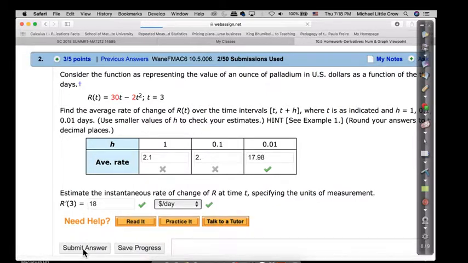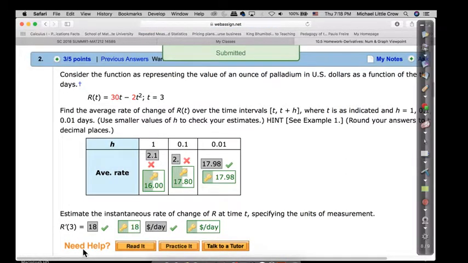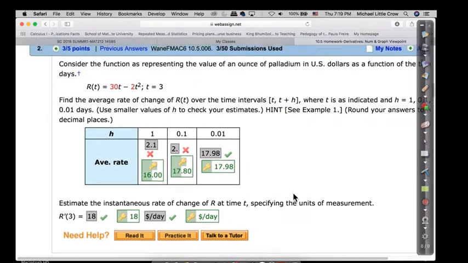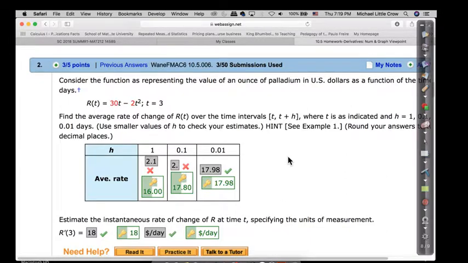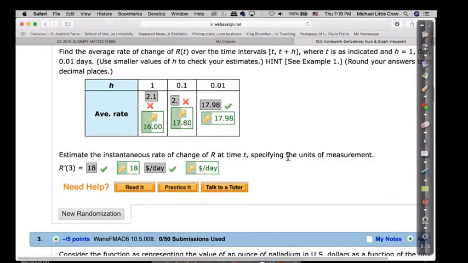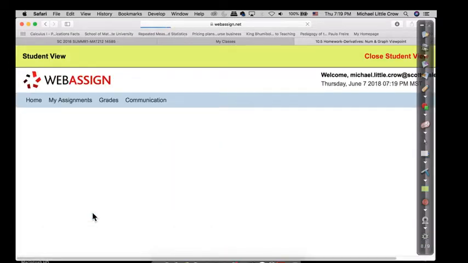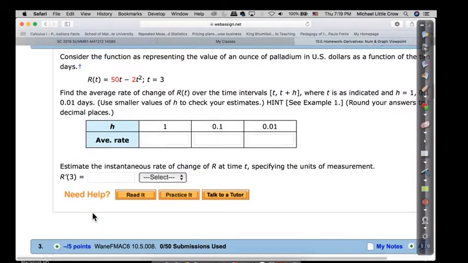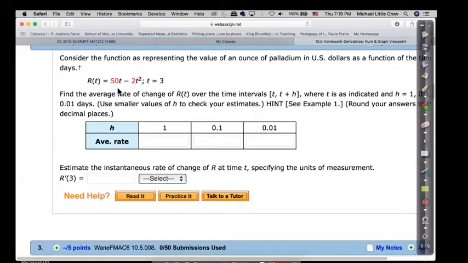Another try. And now it will give me some help. It tells me what's right. And now how do I get a new problem? Do I click here? You go down. Oh, new randomization. Okay, that's what I was hoping. Even if I got it right, I'd like to maybe practice some of these later and have it do that. But I guess it doesn't. Maybe there's a setting. But yeah, new randomization. So if you get it wrong, now we got a new one. And notice it changed our formula a little bit. And if you want to practice, go to the practice it. Okay.